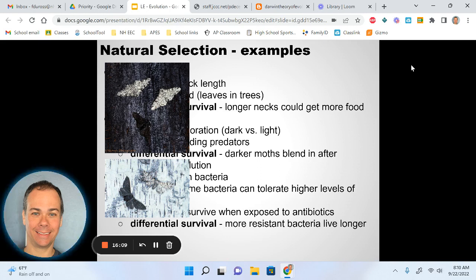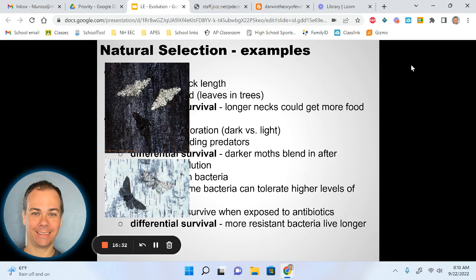And there were these moths that are found throughout England. They were called peppered moths because they had variety. Some were light and some dark, and they had speckles on them like these moths that you see here. Prior to the Industrial Revolution, the bark of trees was kind of light in color, like this, because there's lichen and stuff on there.